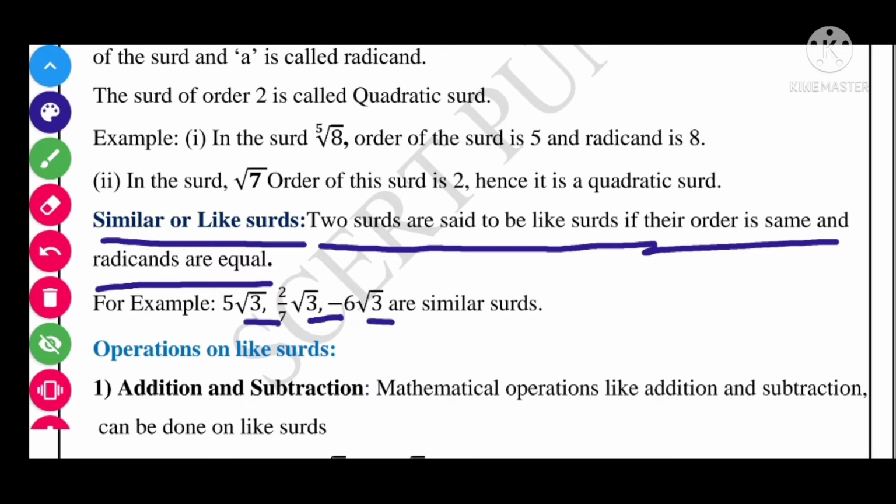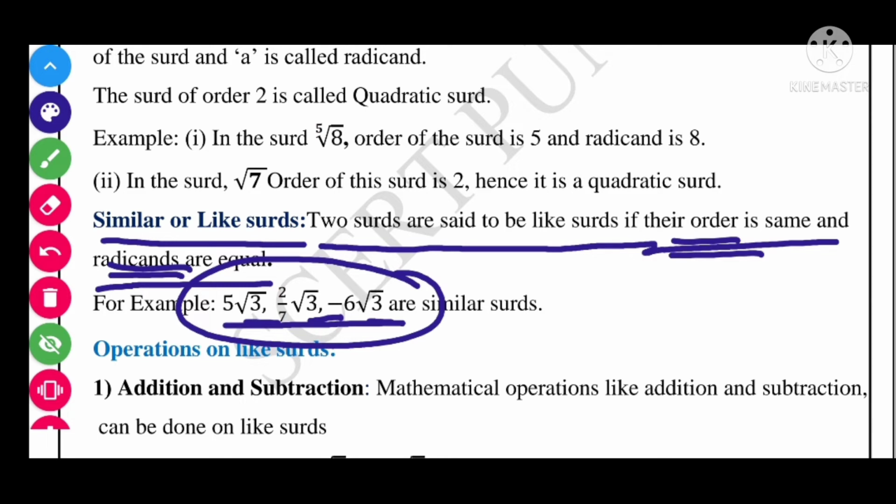Therefore, radicands are equal. And here, order is not shown. It means that the order of all the 3 surds is 2. Therefore, order and radicand both are the same. Therefore, these are similar surds.